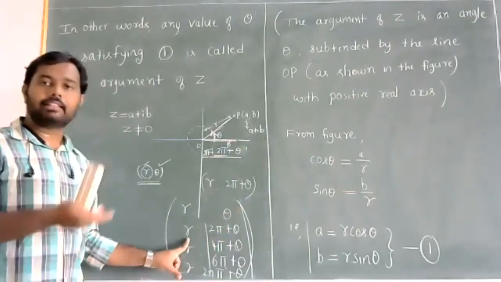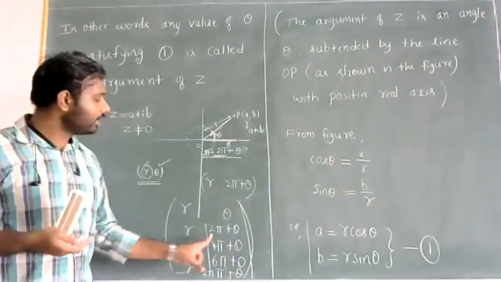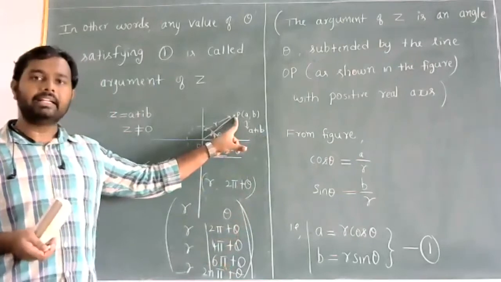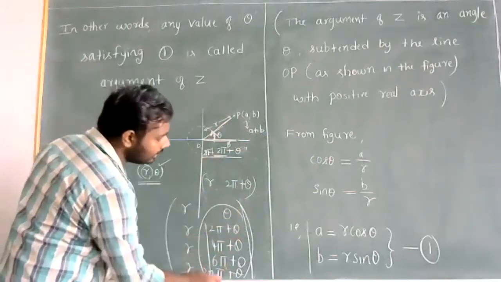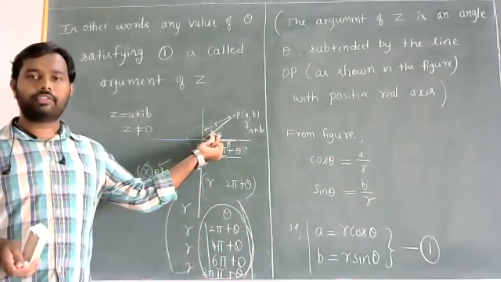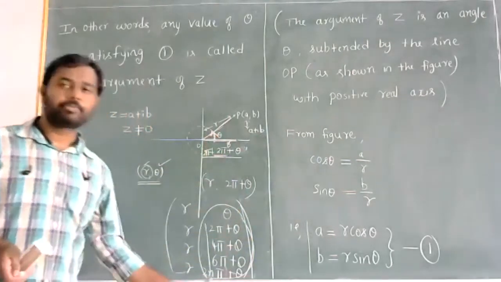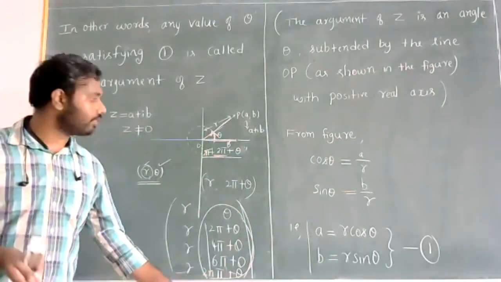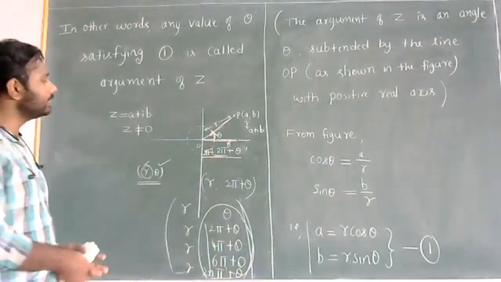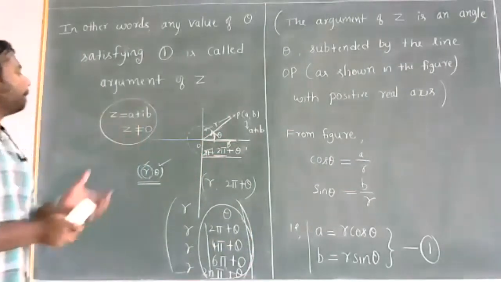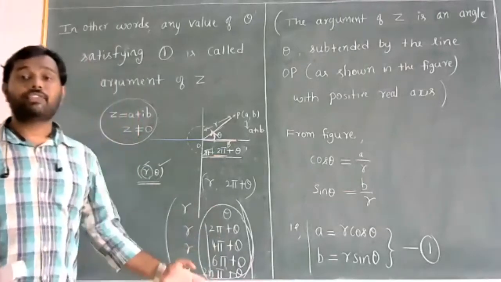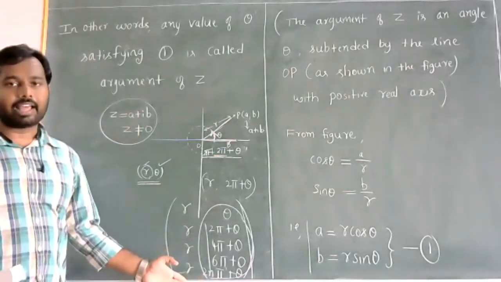If you take the line of length R, giving it a rotation 2 pi plus theta, you'll get again P. So all these values of theta will represent argument of Z. All these angles will represent the argument of Z. So for any non-zero complex number, we can have infinitely many argument values.